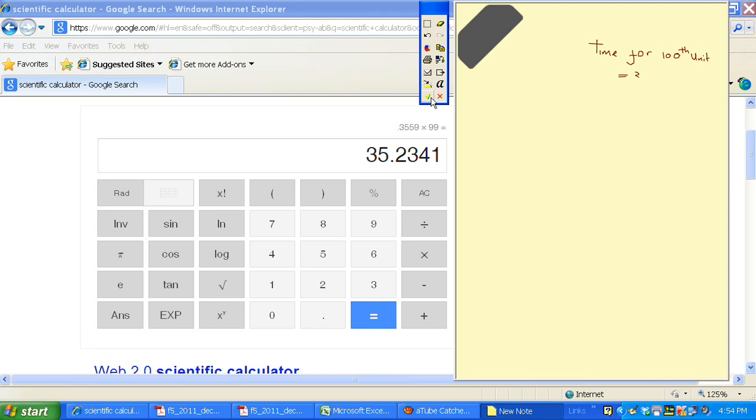Remember, we had 35.56 minus 35.23, which gives us 0.33 hours.